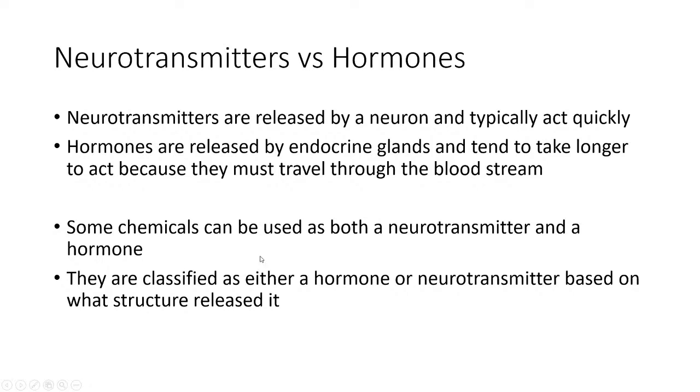So the definition for either really is just flatly a neurotransmitter is released by a neuron and a hormone is released by a gland. So you can take, for instance, norepinephrine. Norepinephrine is released by neurons as a neurotransmitter, and then it can also be released by the adrenal gland as a hormone.